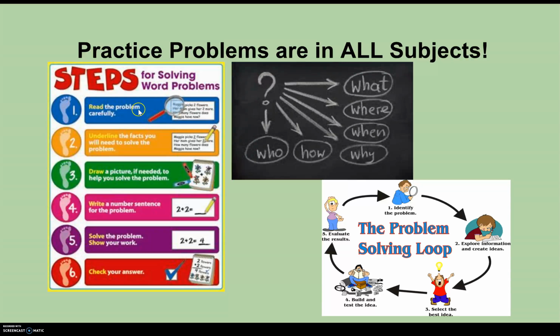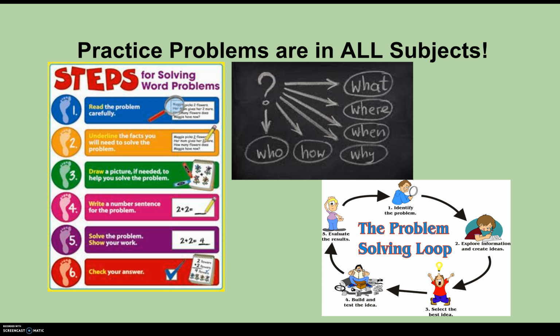And solving word problems. You read the problem carefully, you underline the facts, you can draw a picture. My son's in second grade, and for math, he is always drawing pictures. So Common Core is all about pictures and showing different ways to solve something. And you might get the same answer as somebody else, but they solved it slightly different, and that's fine.